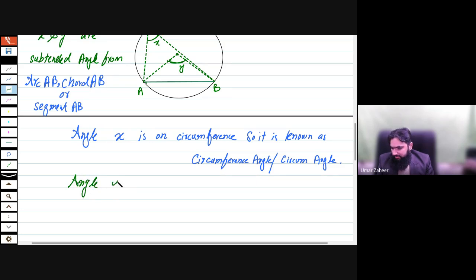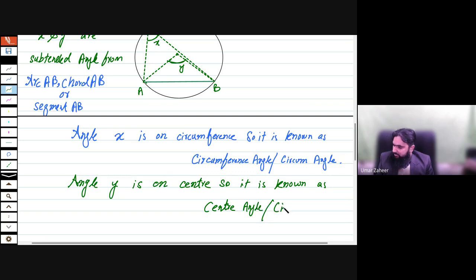On the other hand, we have the angle Y in this shape. The angle Y is on the center. It is known as the center angle, or central angle.